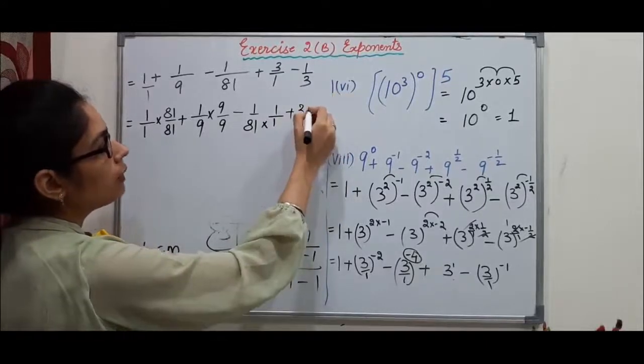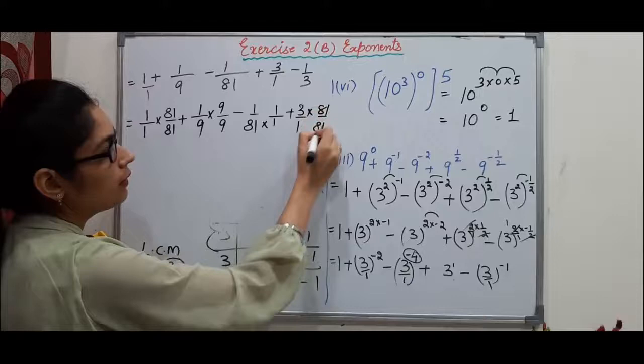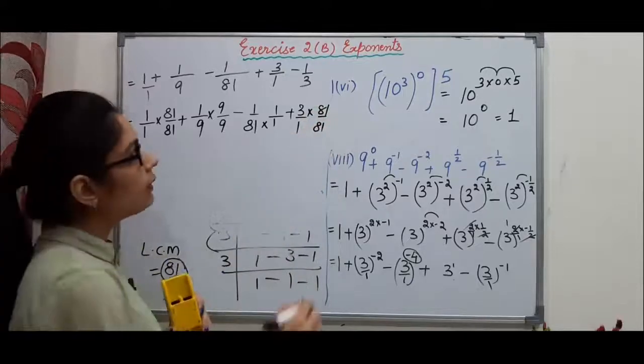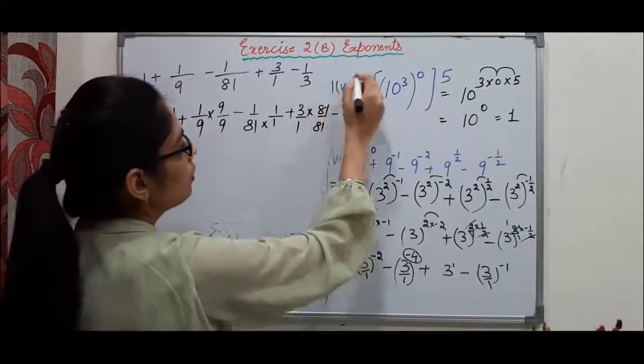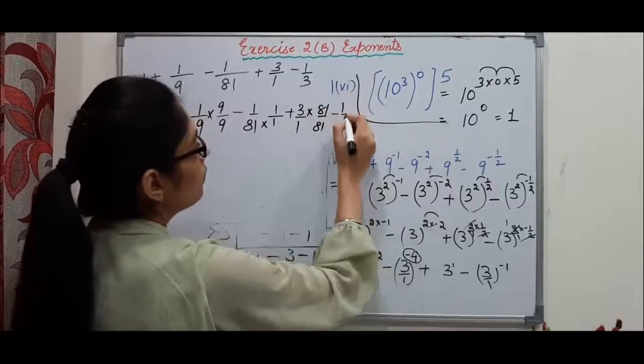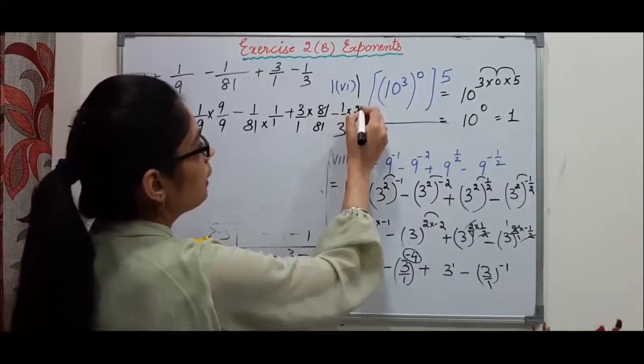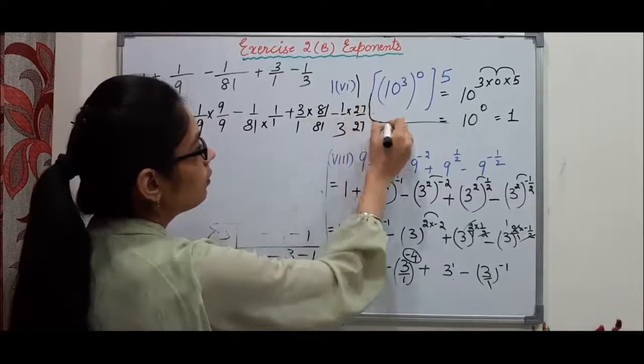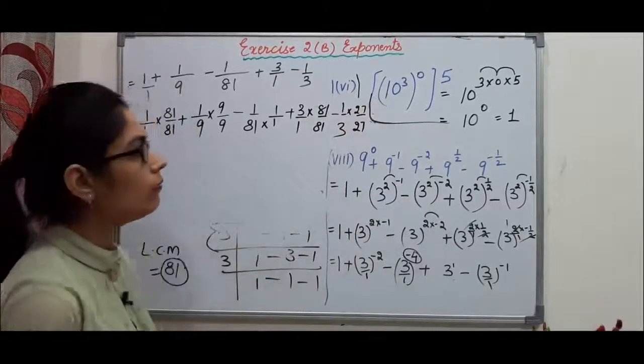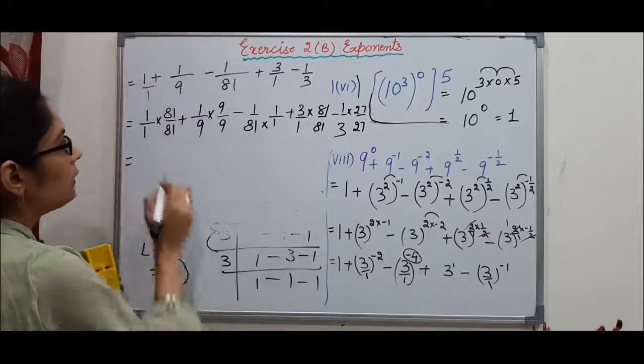With 1, if we multiply with 81, we will get the denominator equal to 81, and this 1 by 3, if we multiply by 27, we will get our denominator equal to 81. So all like this we can multiply.